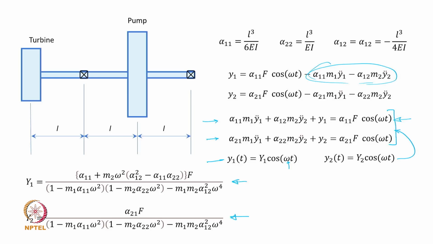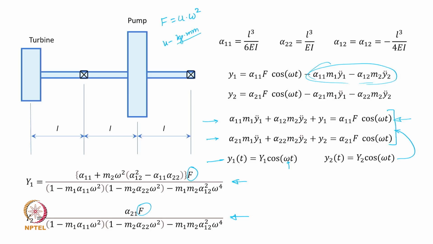And obviously, these are the responses to harmonic excitation. They will be dependent on the magnitude of the external force, and if unbalance is considered, then F is going to be u into omega square, where u is the unbalance which has the typical working units of kg millimeter.